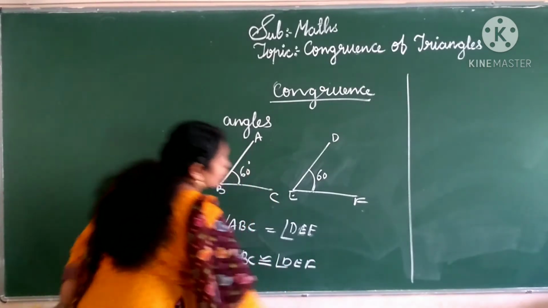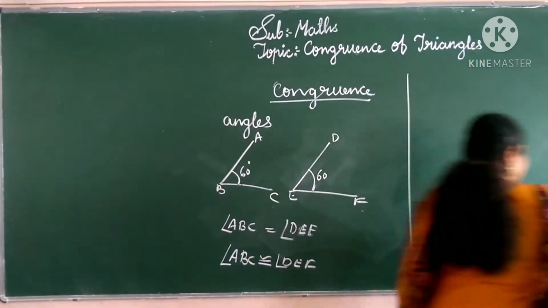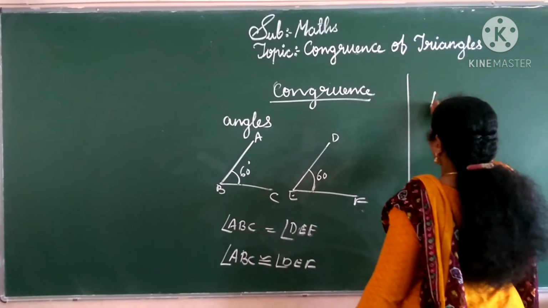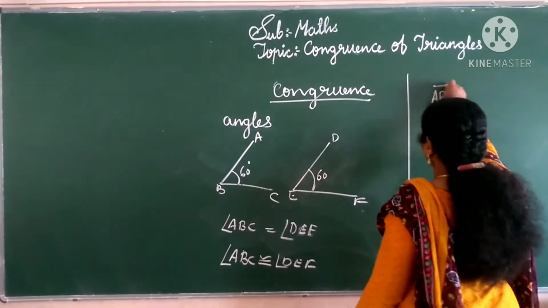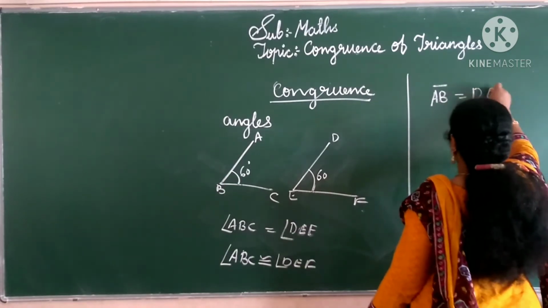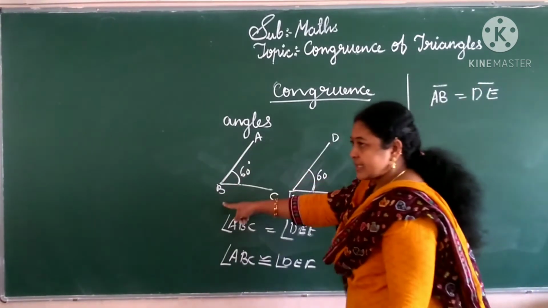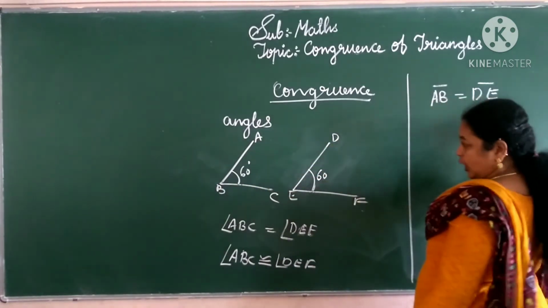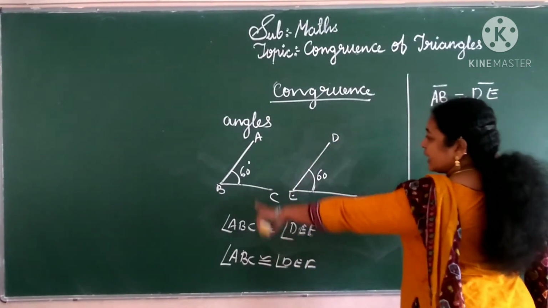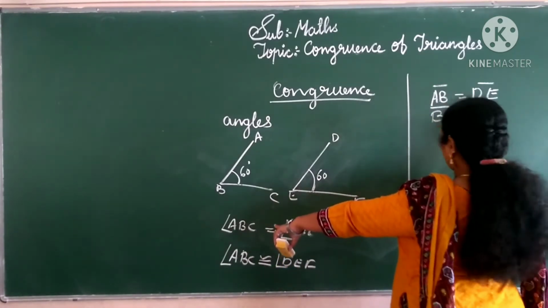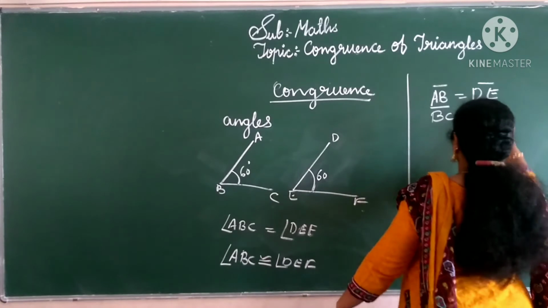Why are they congruent? Here, check the line segments. Line segment AB will be equal to line segment DE, and line BC will be equal to EF.